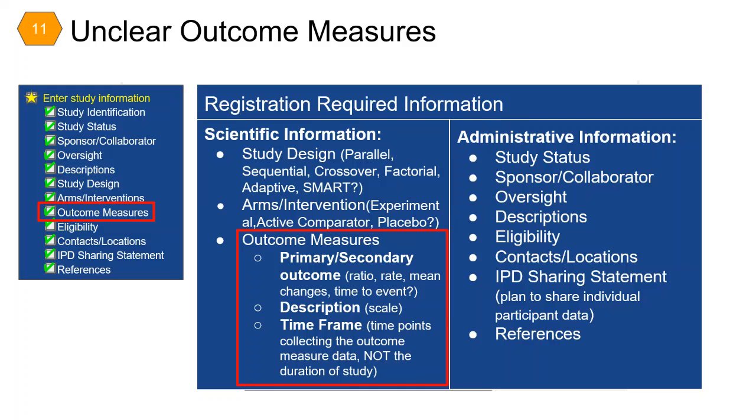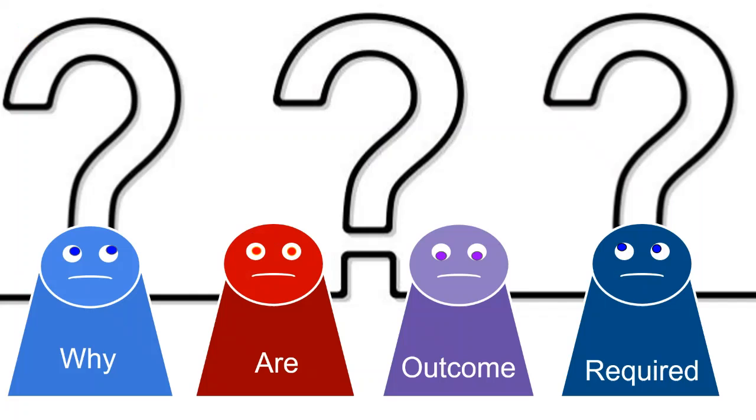I think this section is a little bit difficult because NIH has a very rigid, or I guess scientifically rigorous, definition of outcome and outcome measure, and has very specific requirements for how they want to phrase the outcome measure.